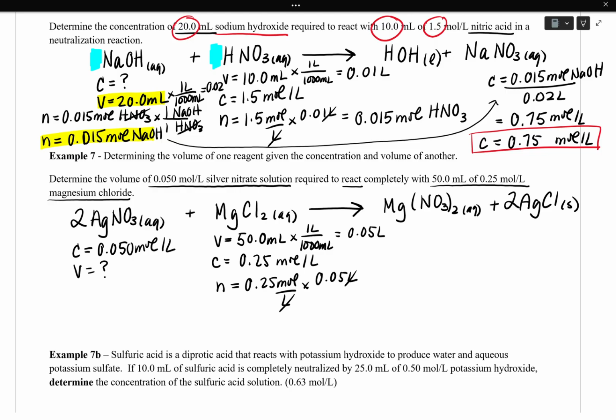So liters will cancel. So now I know the number of moles for my magnesium chloride is going to be 0.25 multiplied by 0.05, and that is going to give me 0.0125 moles of MgCl2.